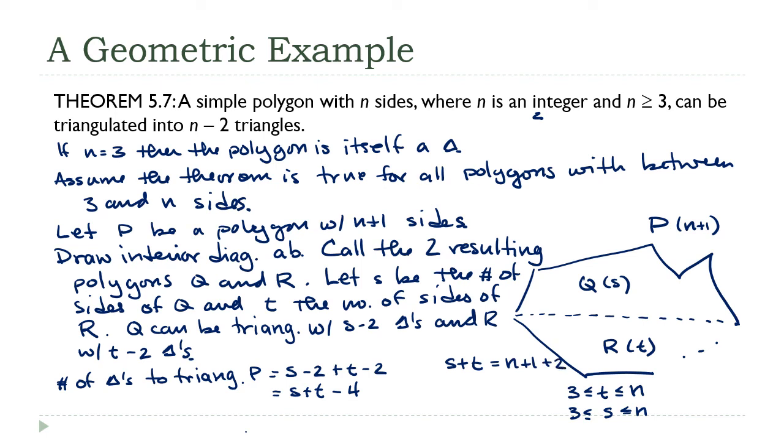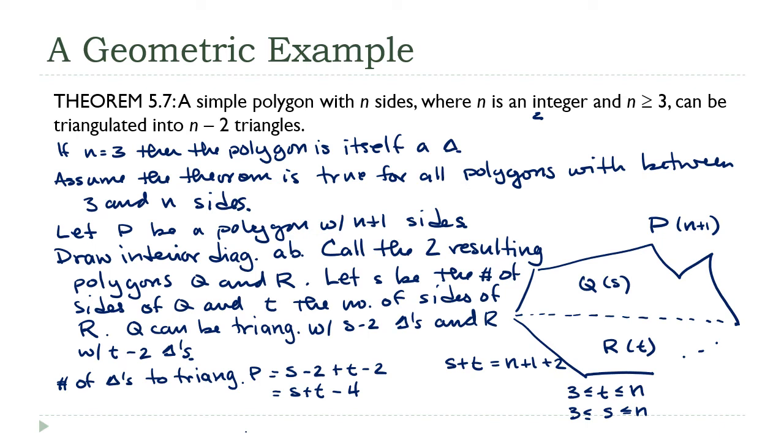And to think about why: every side of Q is a side of P, every side of R is a side of P, plus Q and R both have that middle diagonal. So that kind of bumps the number up by 2.